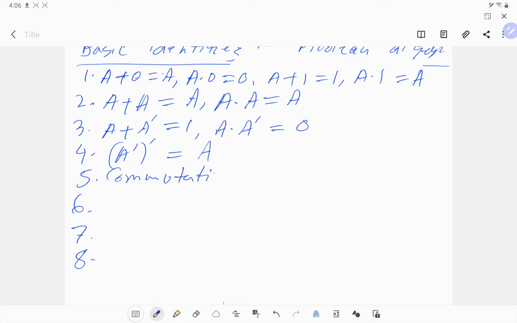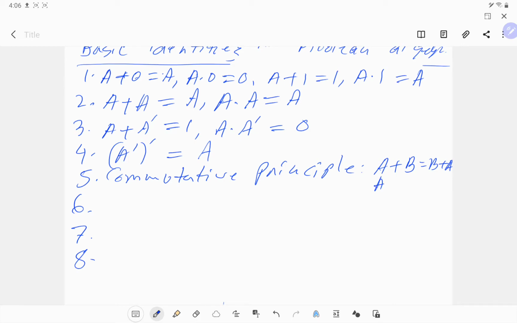The commutative principle is that A plus B equals B plus A. It means that order does not matter. So in the truth table, we write A first or B first, it doesn't matter. It will always give the same result.